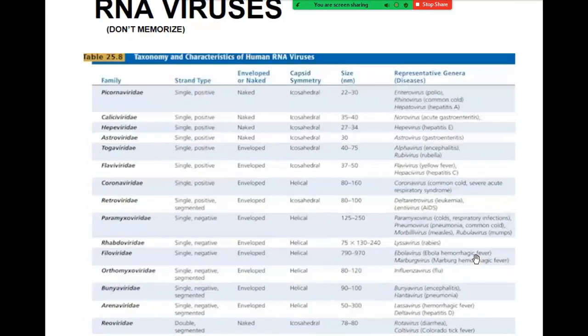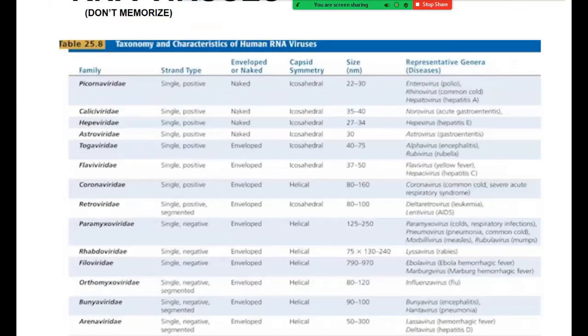Dr. Volpe, would we get tested on this slide? Yeah, I'm not going to test you on, for example, asking a question like, is Herpesviridae a naked virus or an enveloped virus? Okay, I won't ask questions like that.